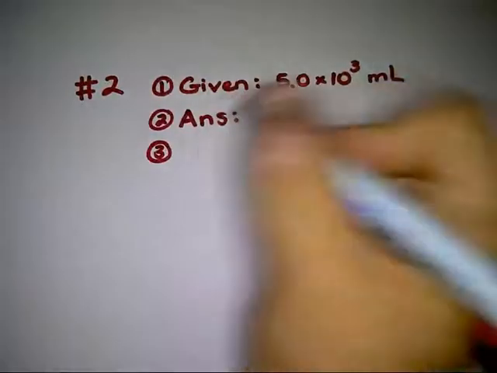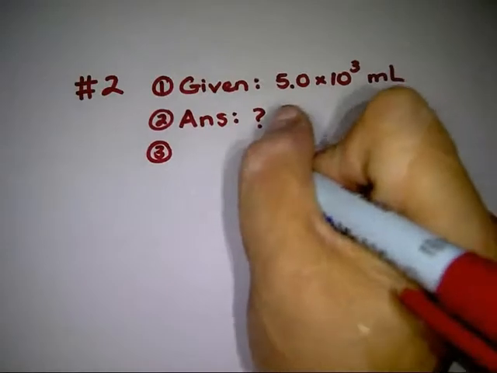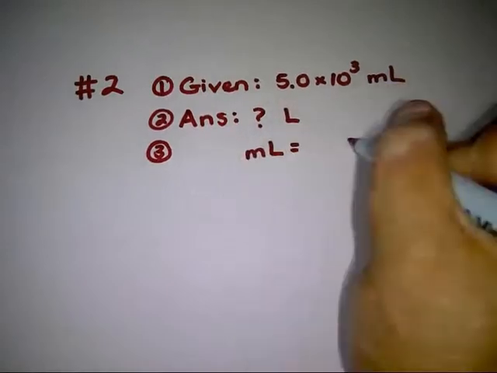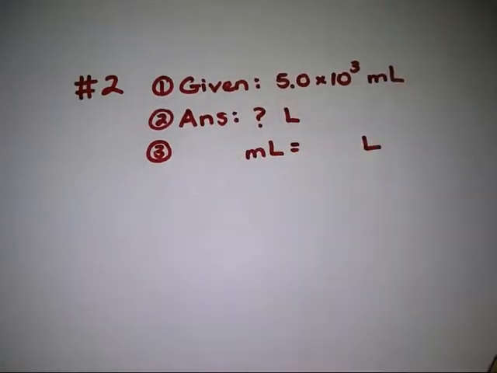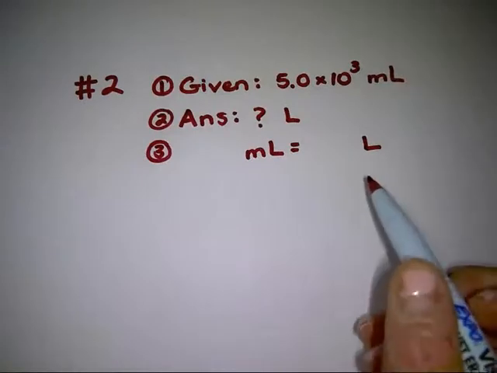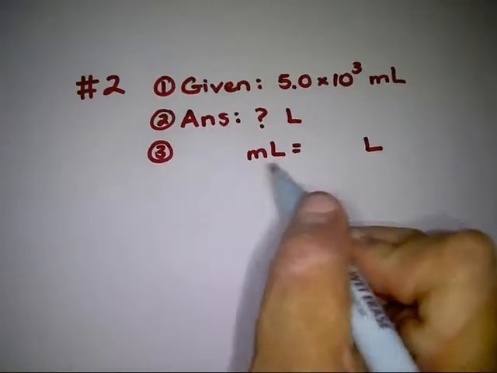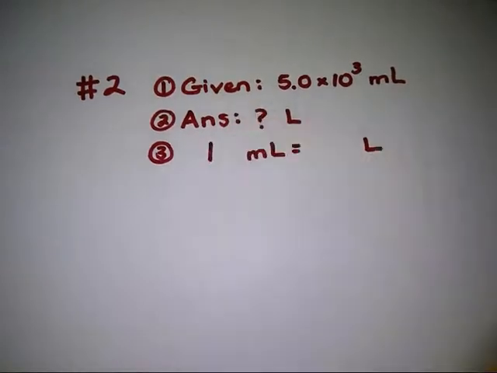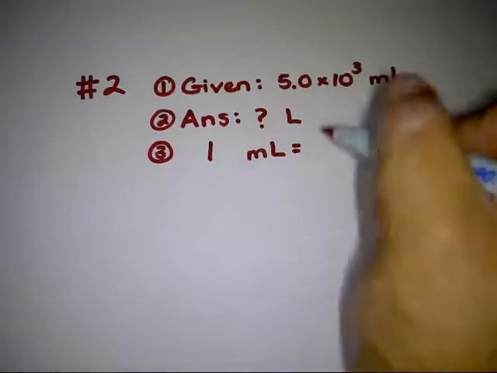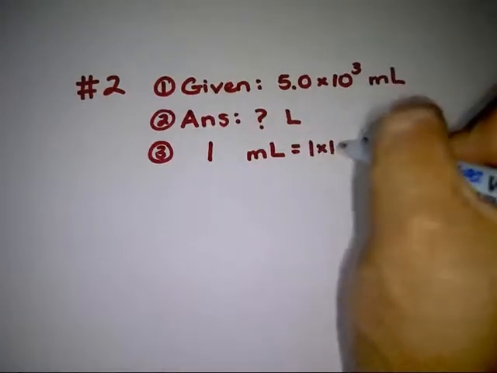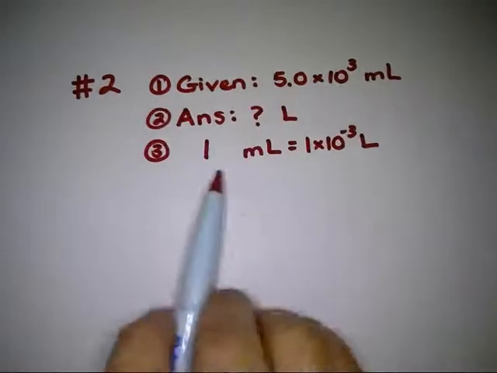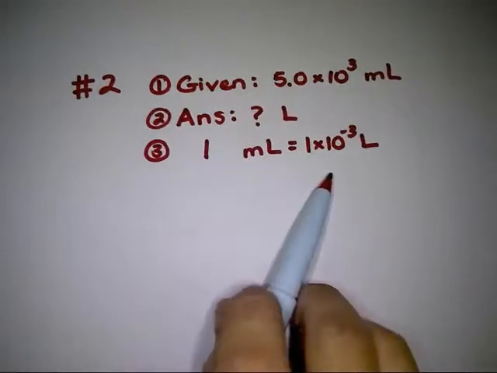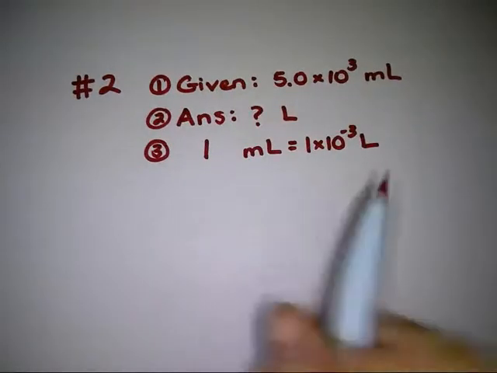The conversion factor, in this case, we are trying to go from milliliters to liters. The unit that has a prefix is milliliter, so we are going to put the 1 in front of milliliters, and milli is 1 times 10 to the negative 3, so 1 milliliter is equal to 1 times 10 to the negative 3 power liter.